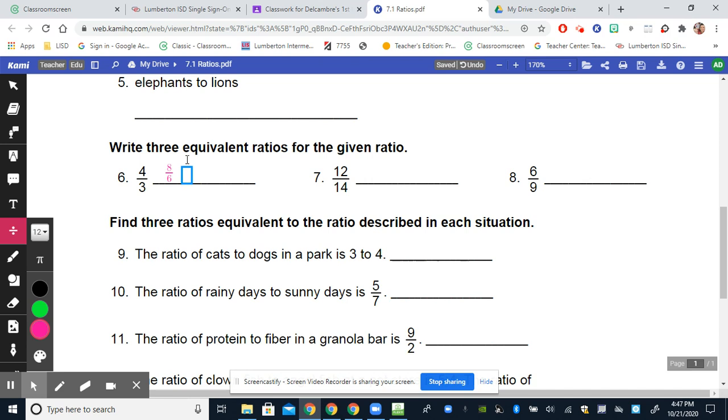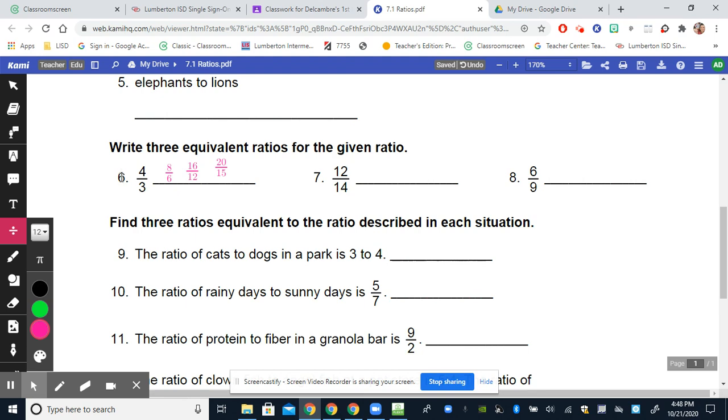All right, which is the same as saying 16 to 12. Okay, because I multiplied the top and the bottom both by 4. And then my next one, I'm going to say multiply it by 5. So I'm going to do 20 over 15 is another equivalent ratio.